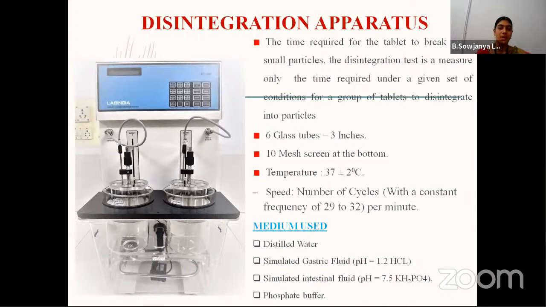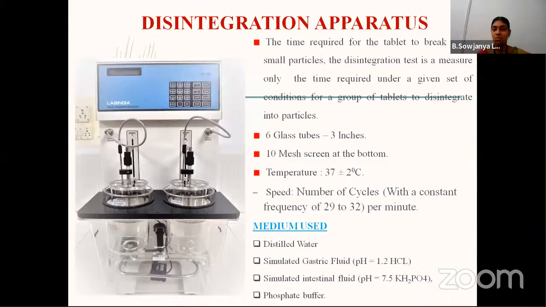The apparatus has 6 glass tubes with a diameter of 3 inches, and a mesh screen is placed at the bottom of the 6 glass tubes. We have to maintain the temperature at 37 degrees plus or minus 2 degrees variation, and the speed is 29 to 32 cycles per minute.